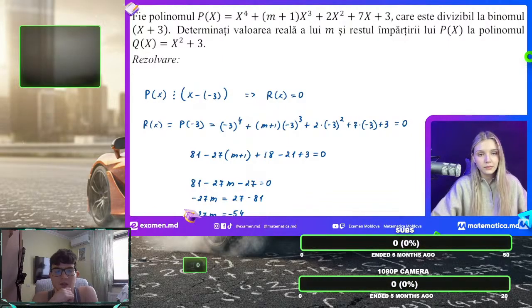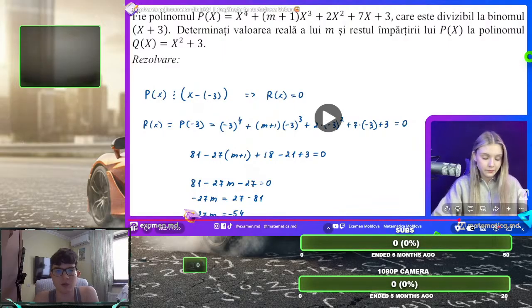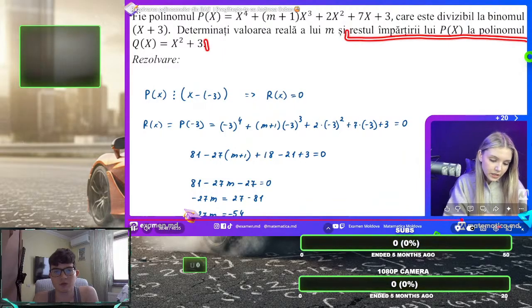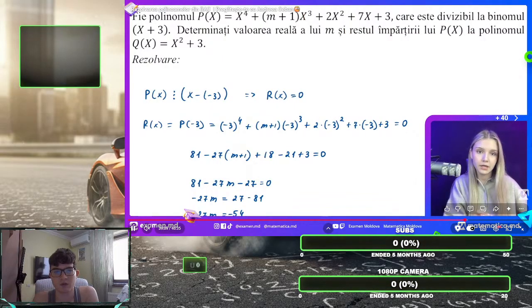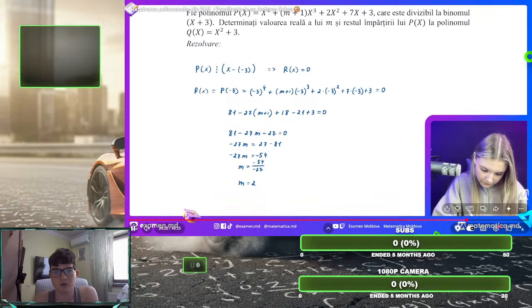And how is that possible? Well, if we plug in the m, we should be able to have everything correct to just divide it by x to the second power plus 3, right? This is what we should do right here.